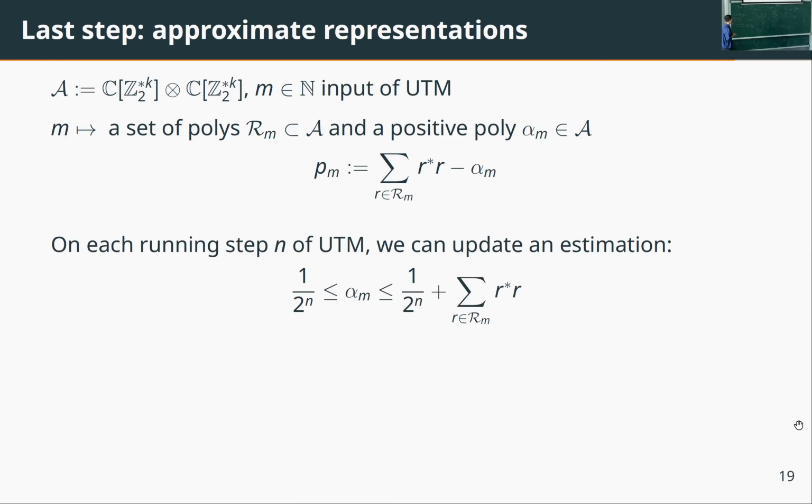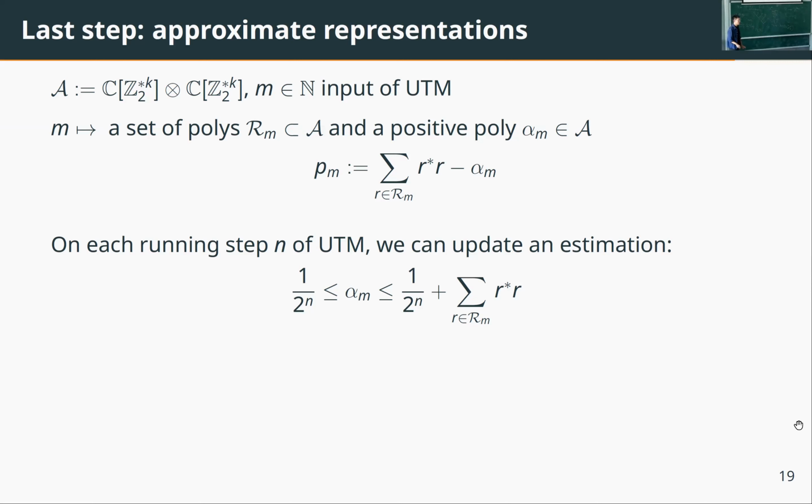The cool thing about this construction is that on each running step of this Turing machine, you can update an estimation of the polynomial alpha_M with respect to all those polynomials. On running step n, if your Turing machine hasn't halted at the nth step on the input M, then you have such an estimation that the minimal eigenvalue, the minimal spectrum of alpha_M must be greater than 1 over 2 to the n, and it is also bounded by 1 over 2 to the n plus this sum of squares.